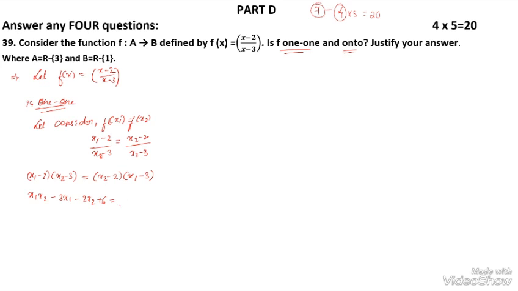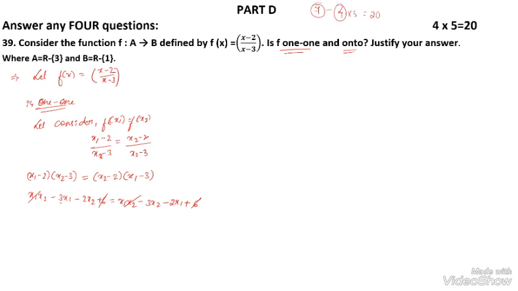Here also taking the multiplication, that is x1x2 minus 3x2, similarly minus 2x1, and minus into minus plus 6. Here comparing the LHS and RHS, plus 6 gets cancelled, x1x2 gets cancelled.